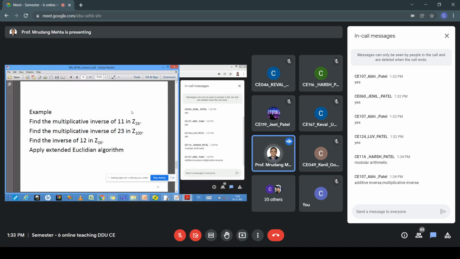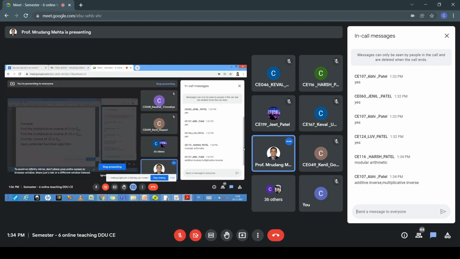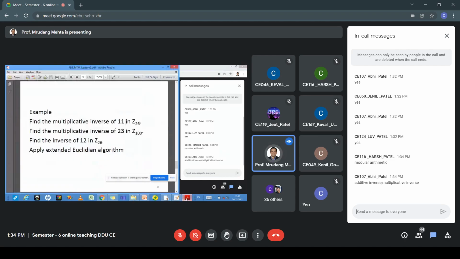What is the method for that? Can anyone say the answer? What is the method of finding the multiplicative inverse?